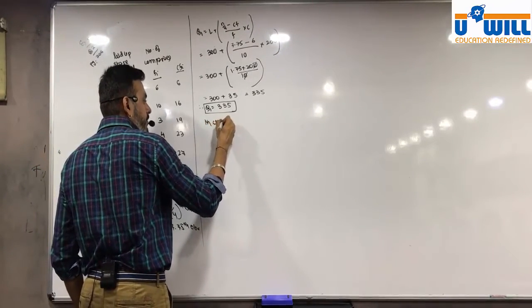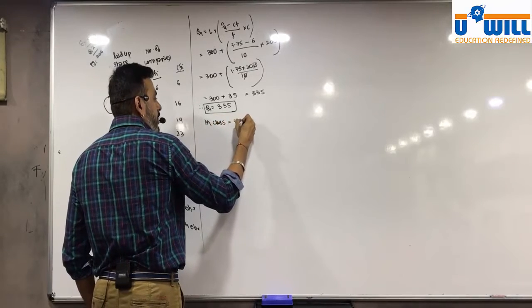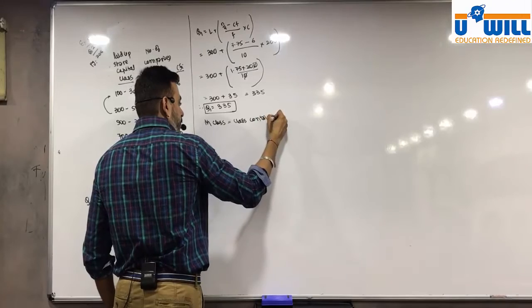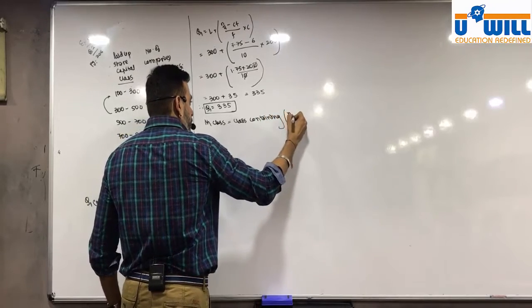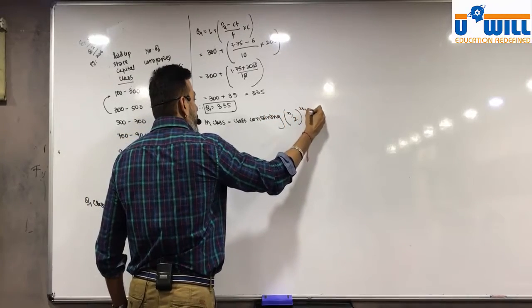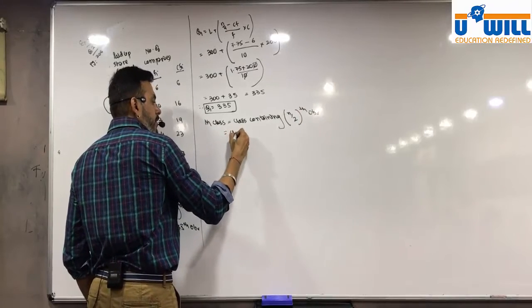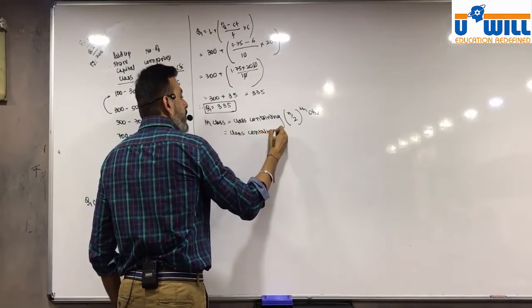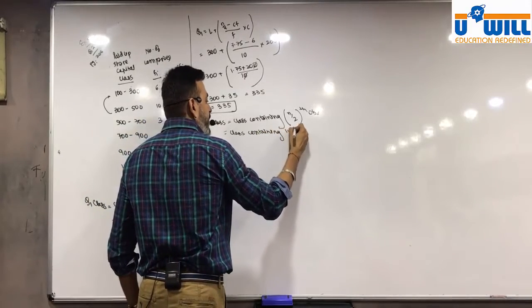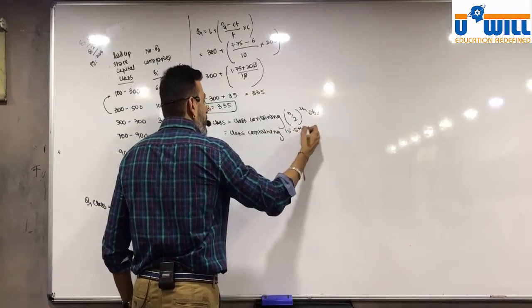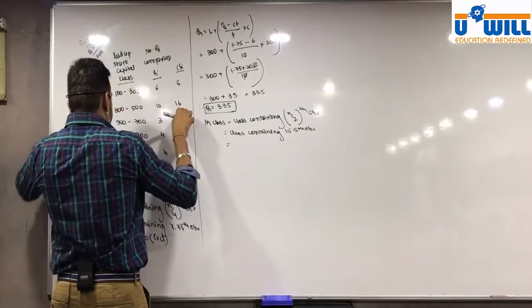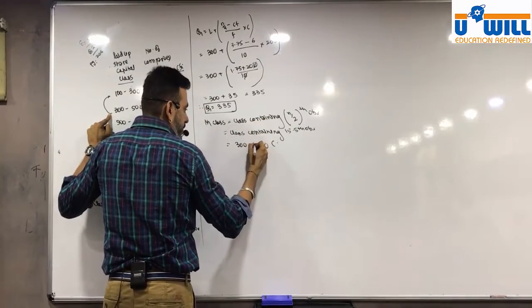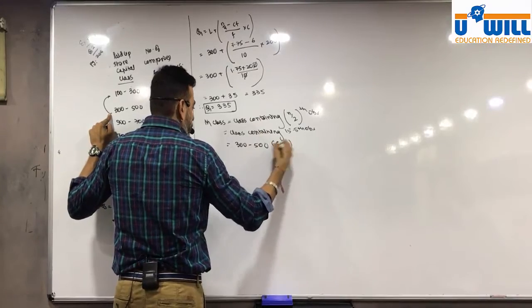Median class is equal to class containing n by 2th observation, which is equal to class containing 15.5th observation. Again the same, 300 to 500. Exclusive, so no problem.